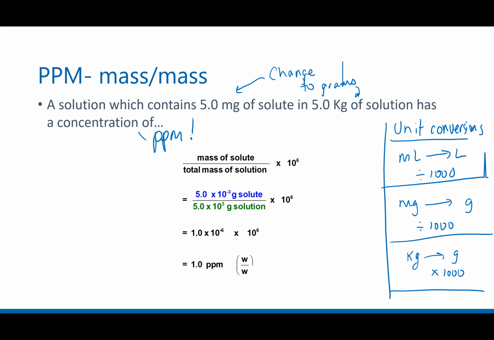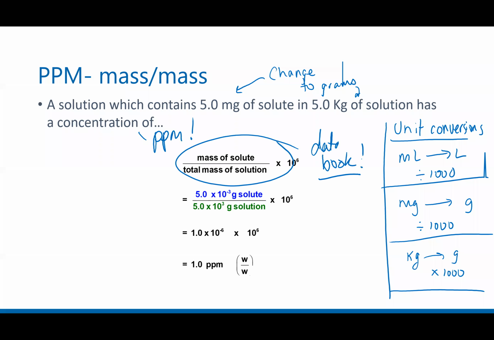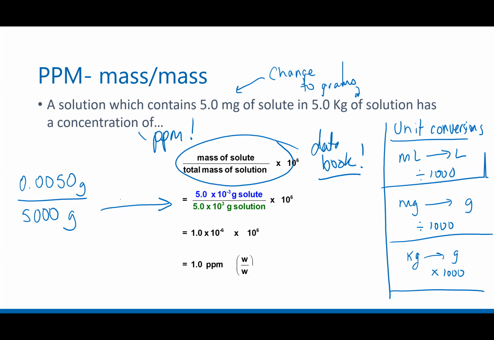So what I do is I follow this formula in your data booklet. This is straight from your data booklet. I take the 5 milligrams and 5 kilograms, convert them to grams, and then multiply by 10 to the 6. Now, this might look a little confusing. 5 milligrams is 0.0050 grams, and 5 kilograms is 5,000 grams.